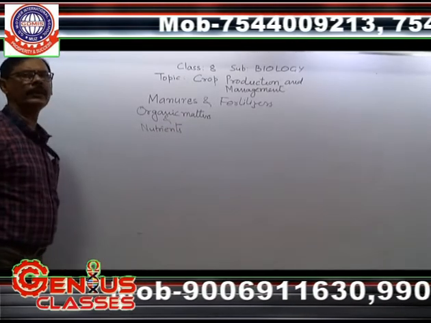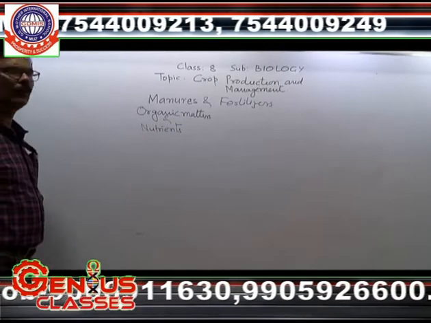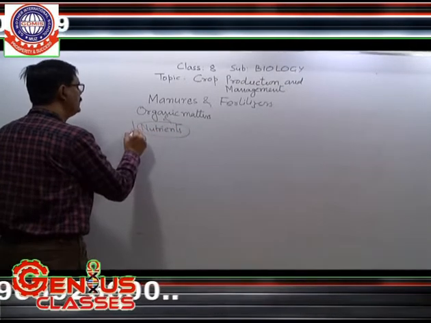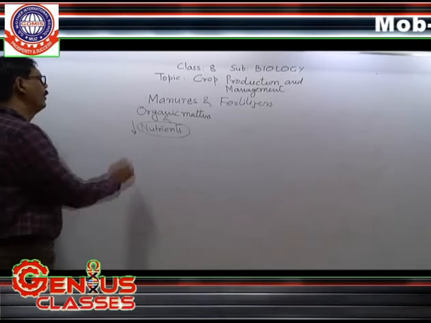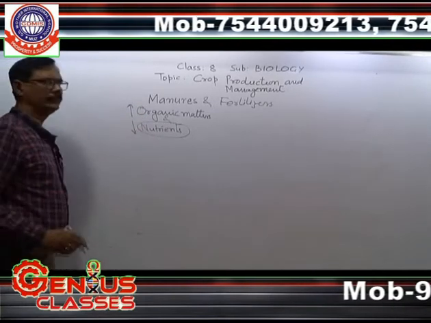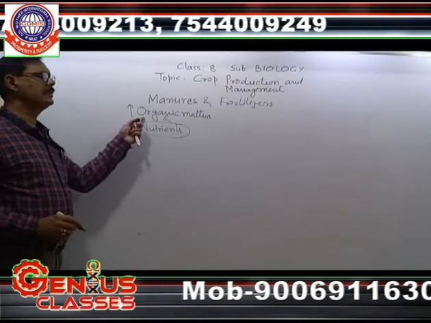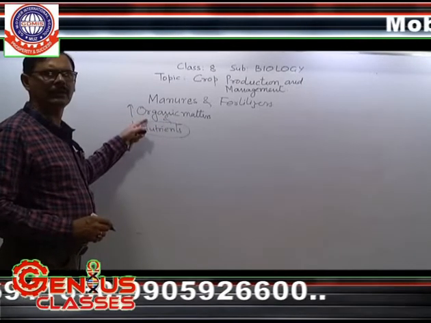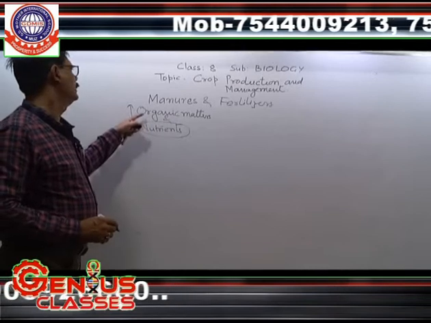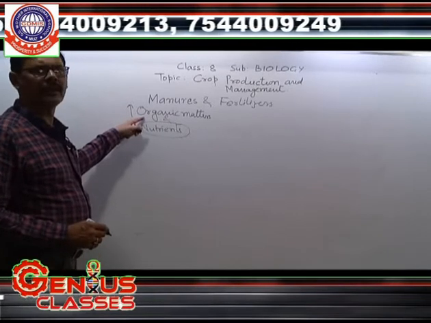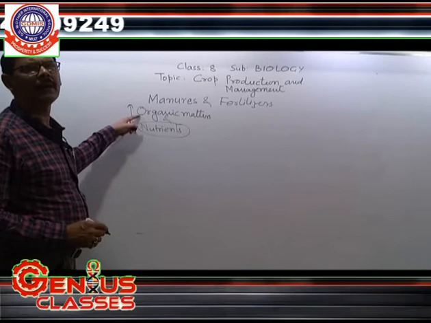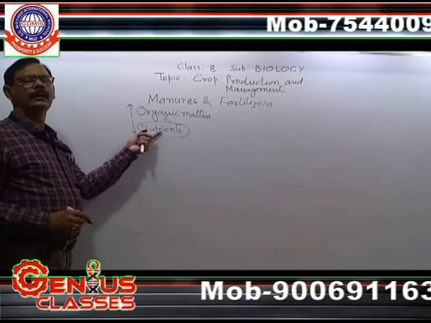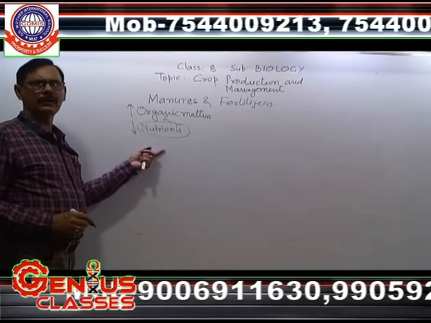They contain both organic matter and nutrients, but here the nutrient content is a little less, while organic matter is more. These organic matters have the added advantage that they help to retain water, as well as provide nourishment to friendly microbes, and the nutrient is less over there.